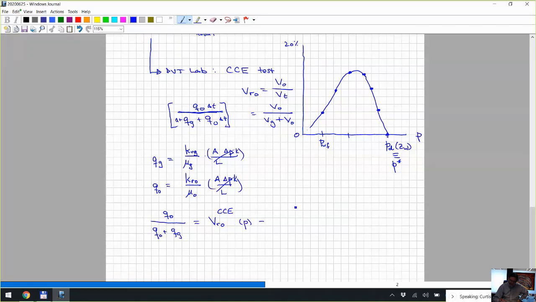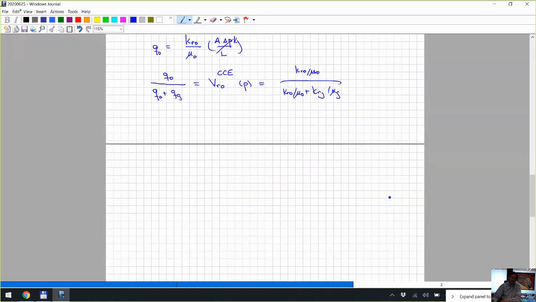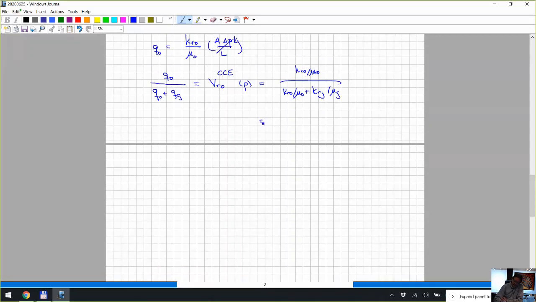But that's equal to KRO over mu O divided by KRO over mu O plus KRG over mu G. And we can just turn this upside down to make the algebra a little bit easier.